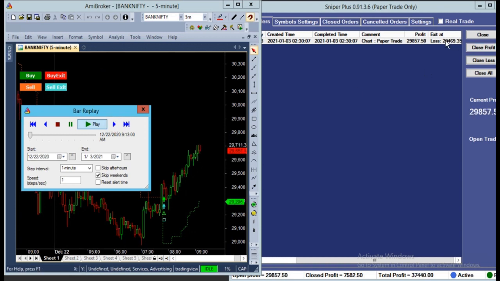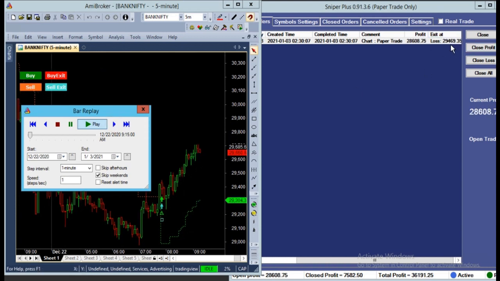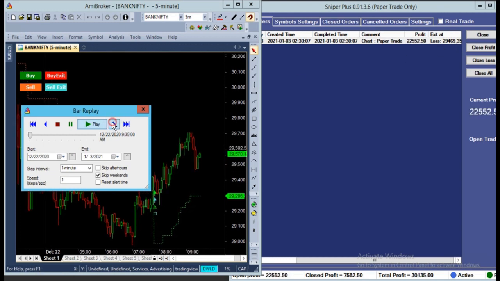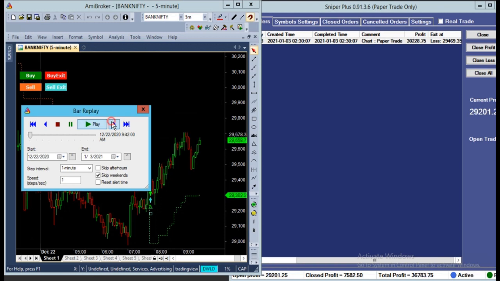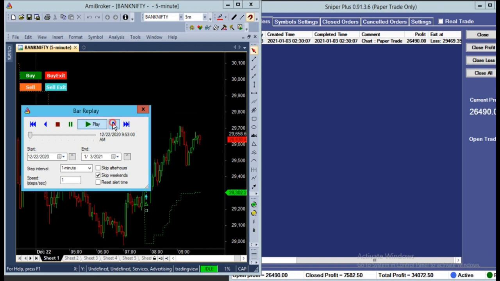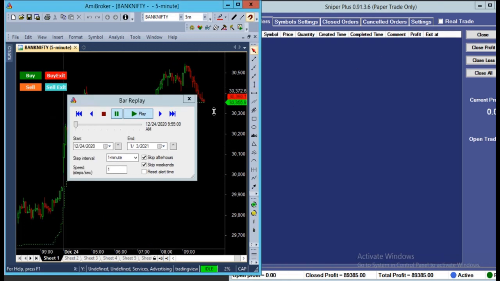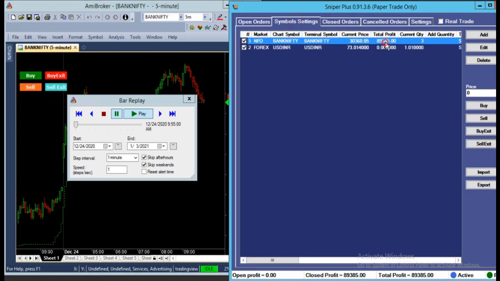Again it changed. It is changing for every 200 points. Let us play again. It is moving upward, downward, and yes, now when the market comes down, the stop loss got triggered automatically.